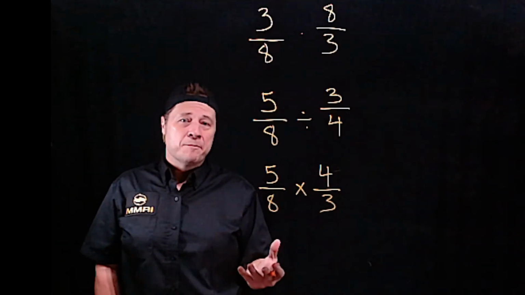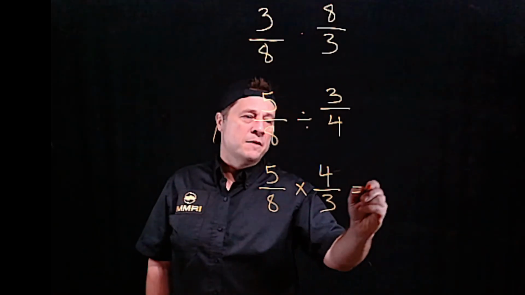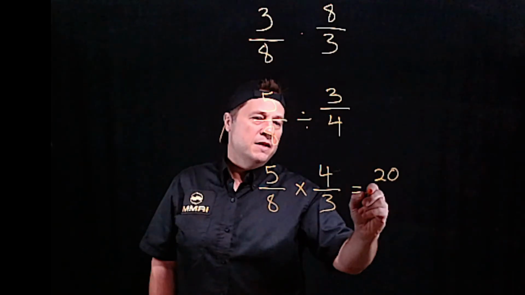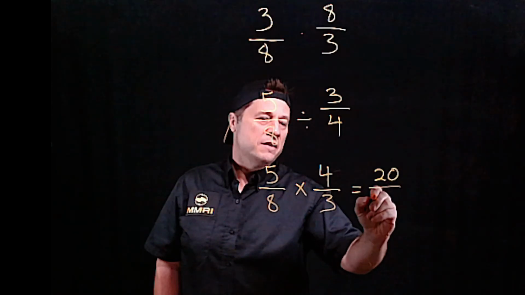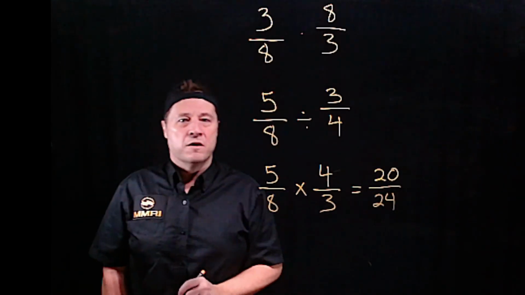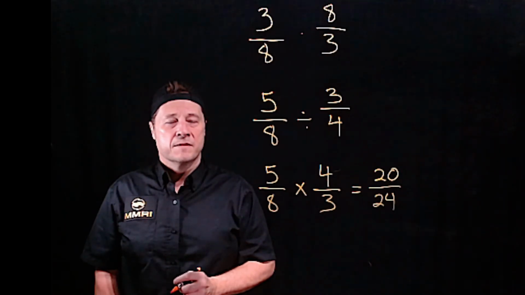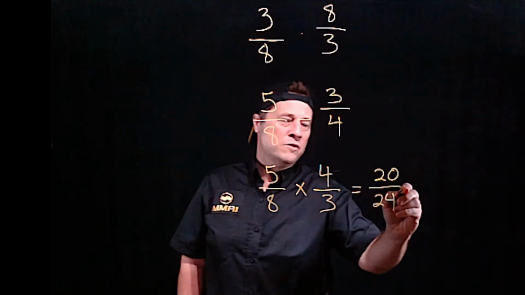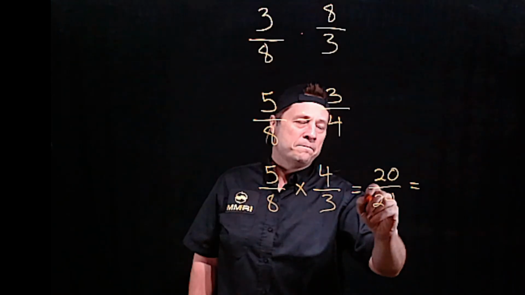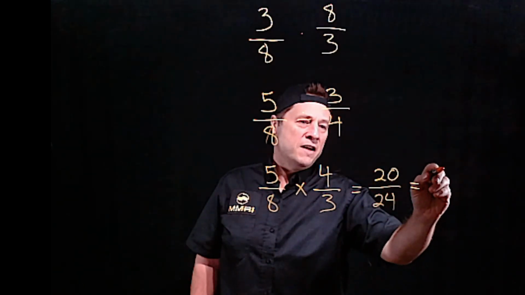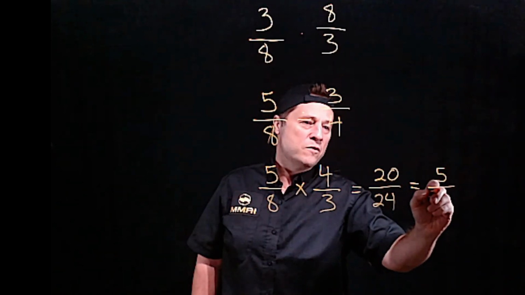And now we solve it like multiplication. 5 times 4 is 20, and 8 times 3 is 24. And then we reduce, right? Okay, so if we reduce this, 4 goes into 20 5 times, 4 goes into 24 6 times.